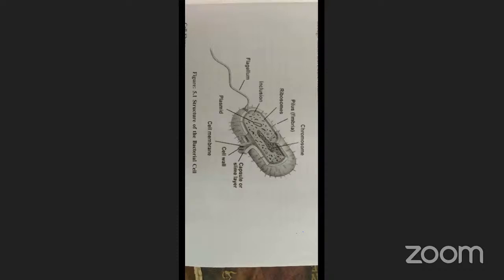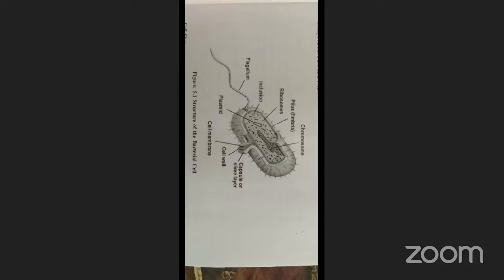The small size is extremely important because it allows a large surface area to volume ratio, which allows rapid uptake and intracellular distribution of nutrients and the excretion of cell waste.